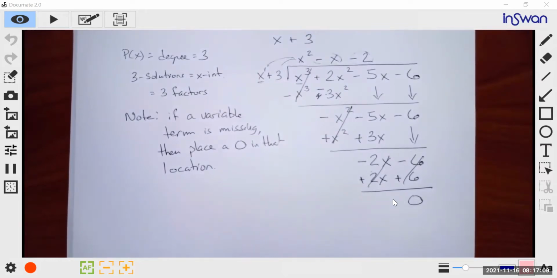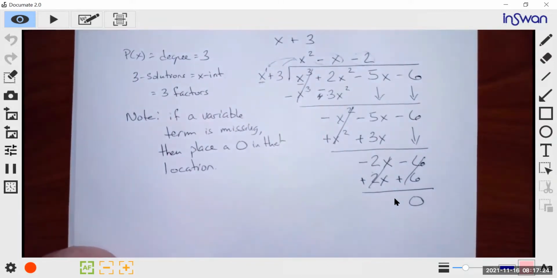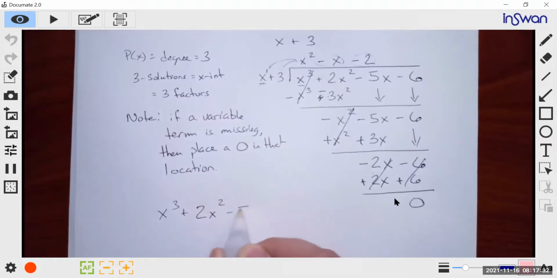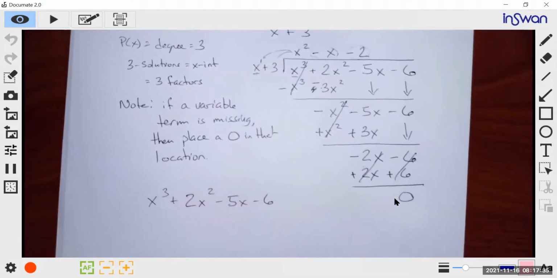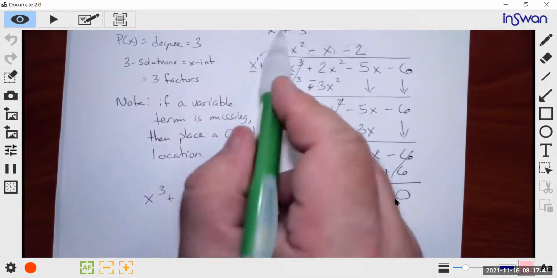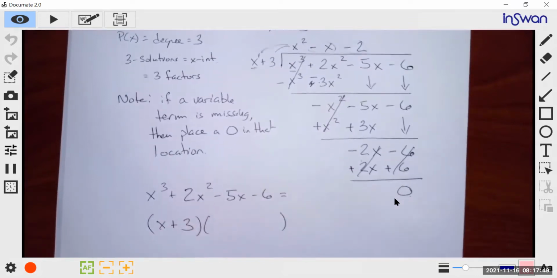So what do we know? Yeah, x plus 3 is a factor of that numerator. What we know is that since the remainder is 0, our polynomial has an x plus 3 as a factor.